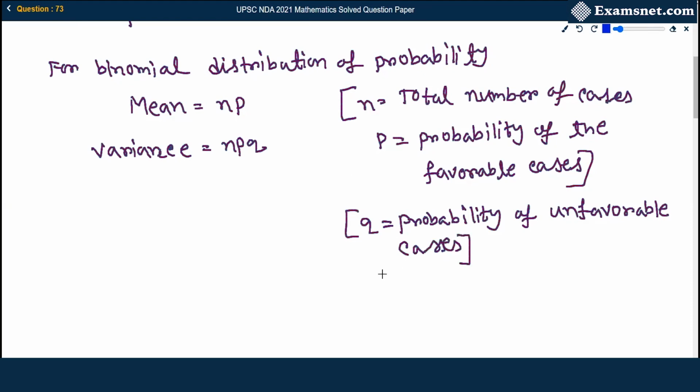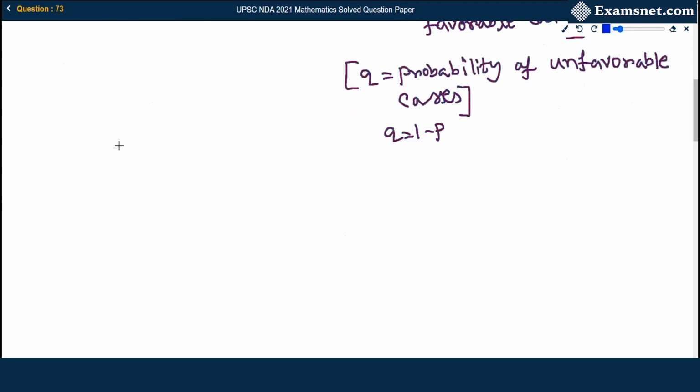So Q can be written as 1 minus P, because these two are complementary, P and Q. Okay, so it's given that the mean is 2/3, that means it is NP, and the variance is 5/9, that is NPQ.